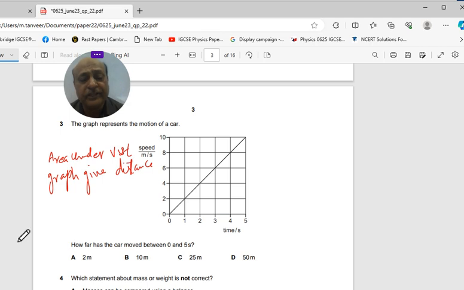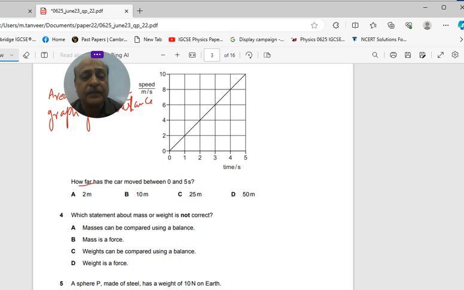So for finding the distance, how far, that means how much distance is covered by the car, you just find the area under the speed time graph. When you look at the graph, this graph is a triangle and this is a right angle triangle.